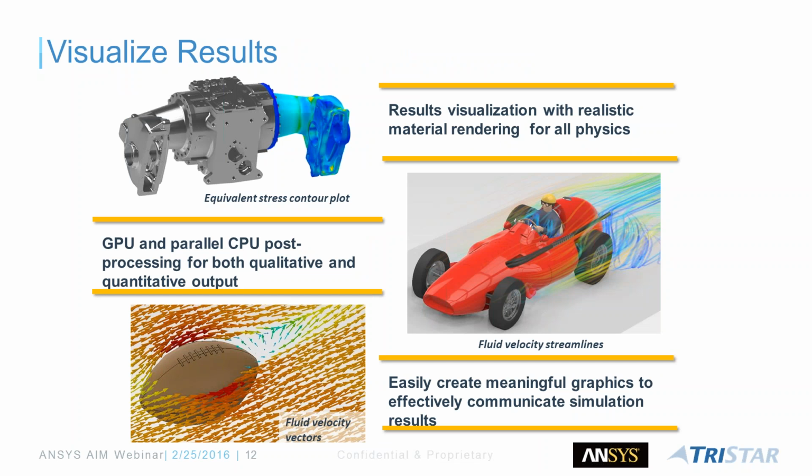Regardless of which type of physics you're going to analyze based on your product designs, you do have full capabilities with respect to the post-processing or visualization of results, whether it's structural, thermal, heat transfer, or fluid flow.